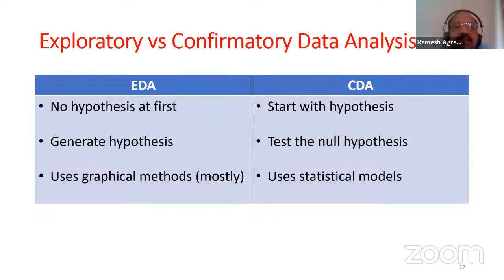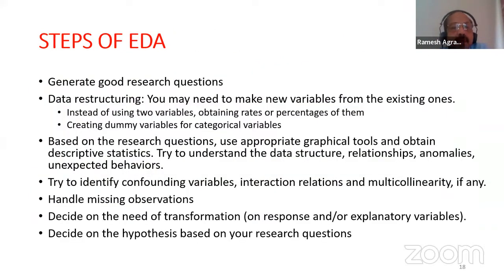In EDA, in general, we use graphical methods, while in confirmatory data analysis, we use statistical models. So what are the steps of EDA? After you are given data, and after looking carefully into each variable and the correlation between variables, you generate some good research questions.